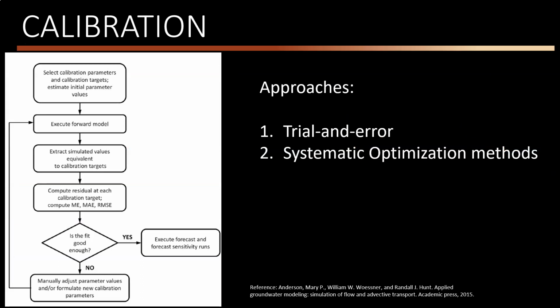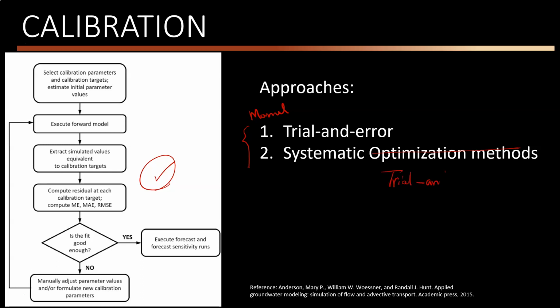This flowchart shows a similar procedure, a systematic way to calibrate the model. We can categorize the calibration methods into two groups: manual trial and error, and systematic optimization methods, or systematic trial and error.